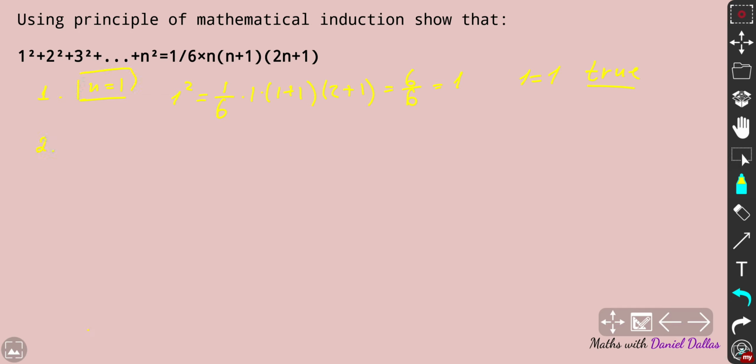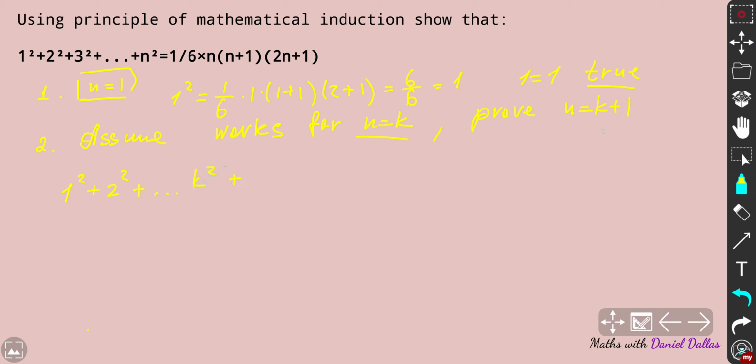Now we need to make an assumption, so assume this formula works for n equals k. Then we need to prove that it also works for n equals k plus 1. So how to do that? Again, let's set up the first k terms in that series: 1 squared, 2 squared, and up to k squared.